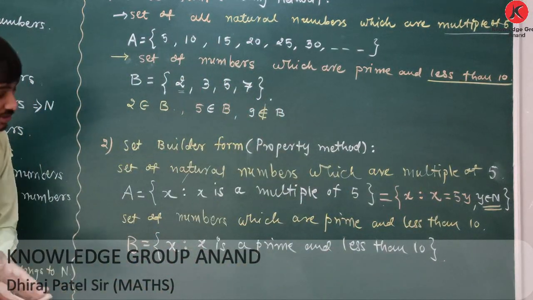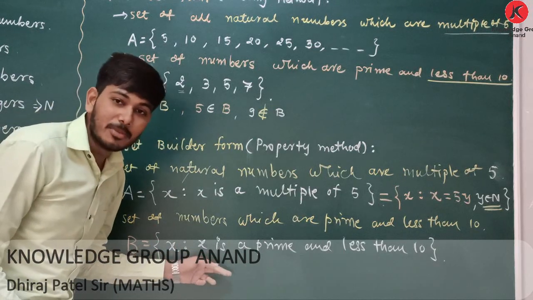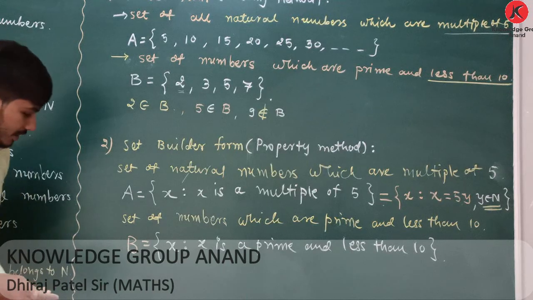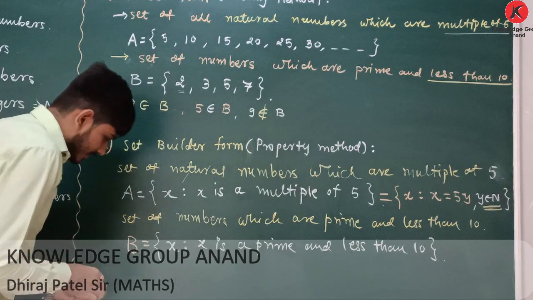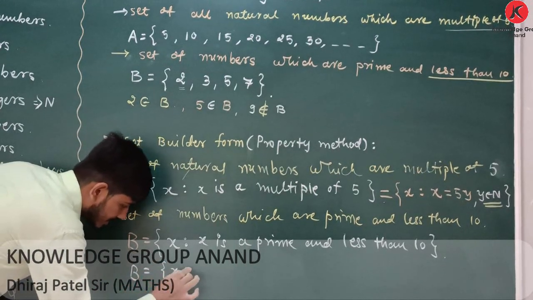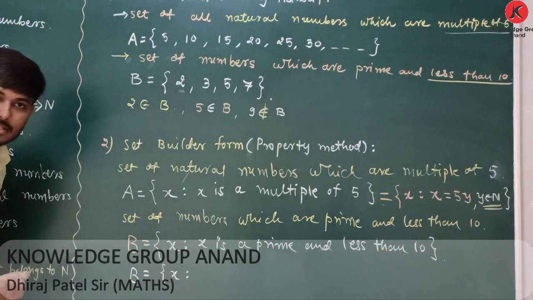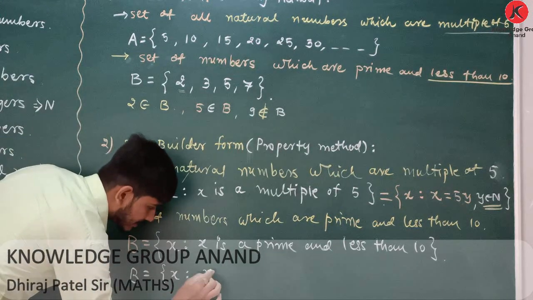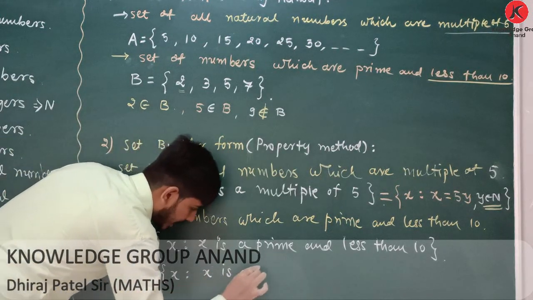Now, you can also represent this question in the second method. Now discussing the second method, B equals, first of all consider the variable x such that x is a prime.